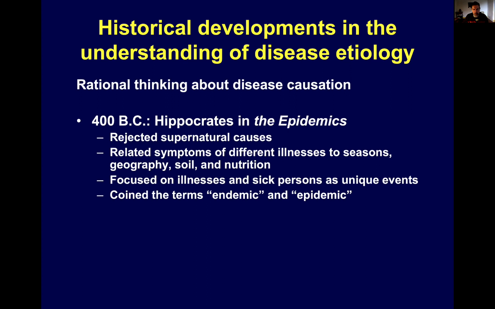One thing that wasn't quite right about, at least with regard to infectious diseases, is that he focused on illnesses and sick persons as unique events, not necessarily related to one another. But we know, in fact, with infectious diseases that one person's risk can be very influential for other people's risks in populations. Importantly, he also coined the terms endemic and epidemic, which are terms that we will define formally in the course.